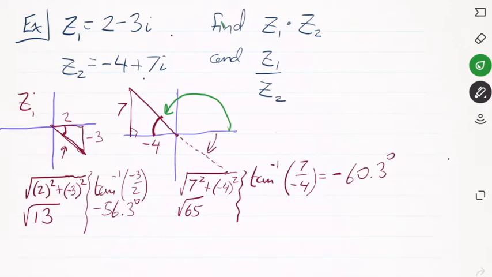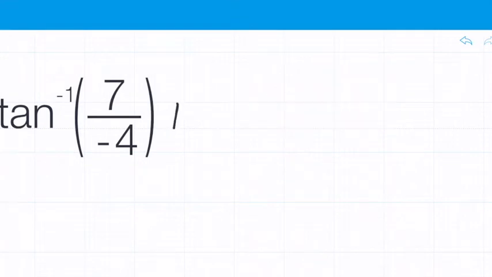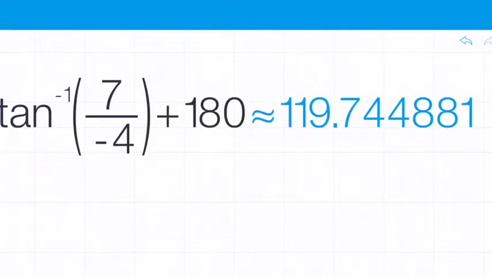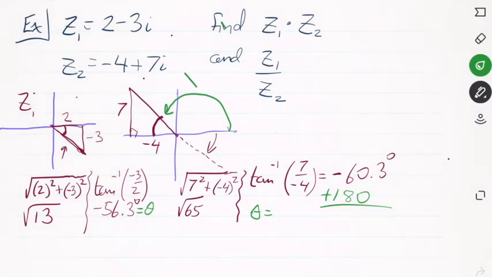So basically, I'm just going to add 180 to this, because there will be opposite signs. So the angle that I'm interested in, this one over here, is definitely theta. It's 180 plus this angle, which gives us 119.7. And that'll be our argument for the second z.